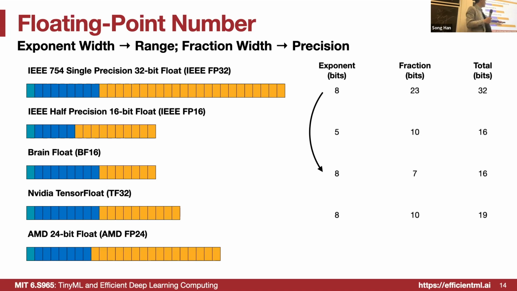FP24 has 24 bits, BF16 has 16 bits, but this one actually has 19 bits. Why is it 19 bits? That is a weird number in memory, right? To store them, there's probably some special mechanism behind that. Yeah, it's not byte aligned.